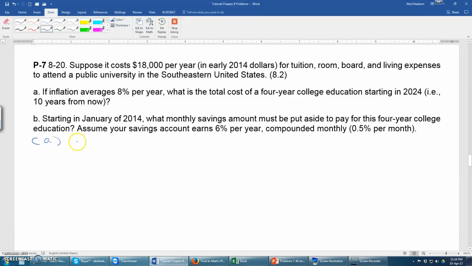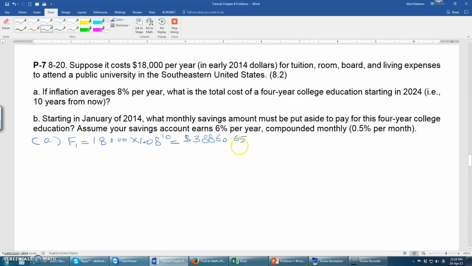So the amount needed at the start of 2024, let's say this amount is F1. This will be starting from $18,000, increased by inflation of 8% per year for 10 years. So this value will be $38,860.65.